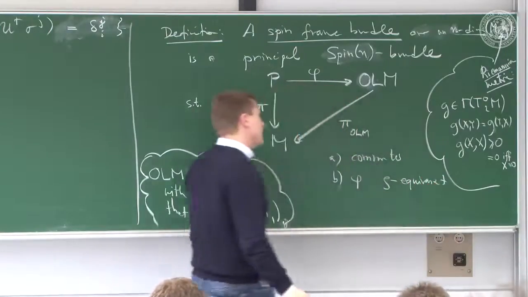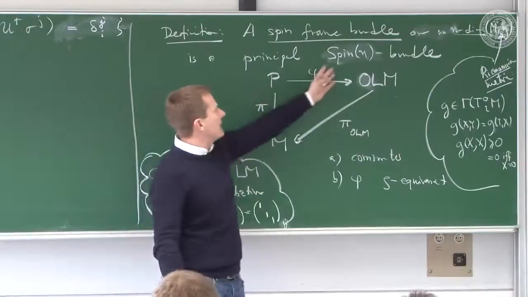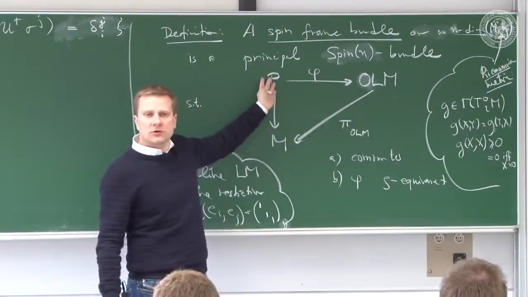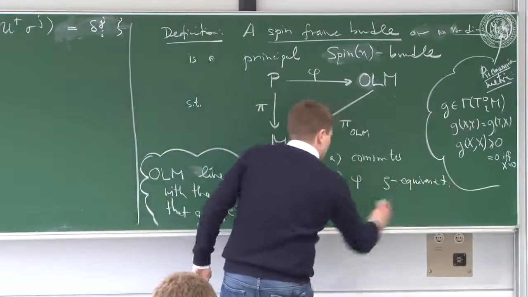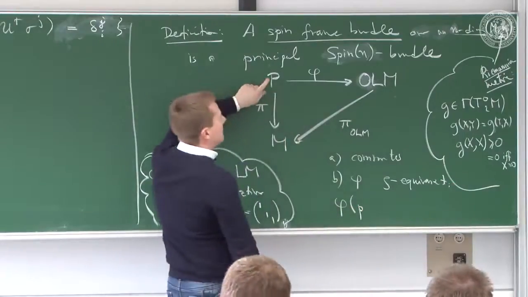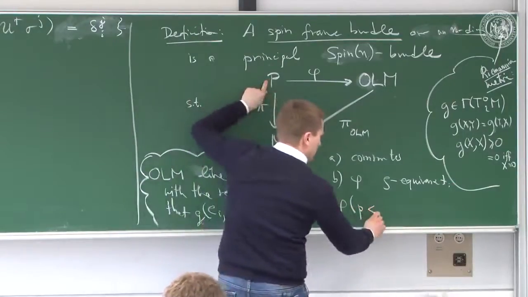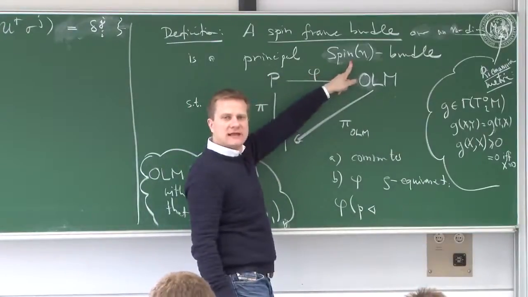What does that mean? Well, we met that before. You see, if I now want an equivariance condition, I have a group here. The group can act on the total space, and I act on the total space with a phi. So I can take the phi and apply it to a point P in here. But because this is a principal bundle, there is a spin n right action.